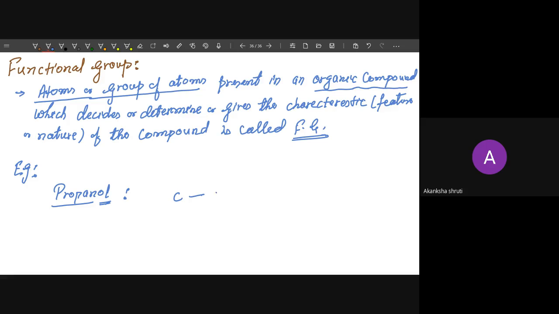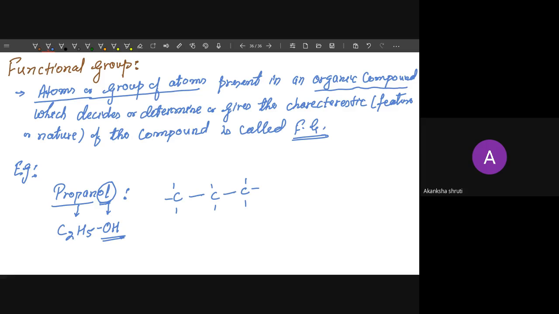Propane means it must contain 3 carbons, and you have to fill the valency. Here, OL tells it contains a functional group which decides the feature, and that is our alcohol group, which contains one OH. So from propane, one of the hydrogens is replaced by this OH, like we were discussing earlier for ethanol, C2H5.